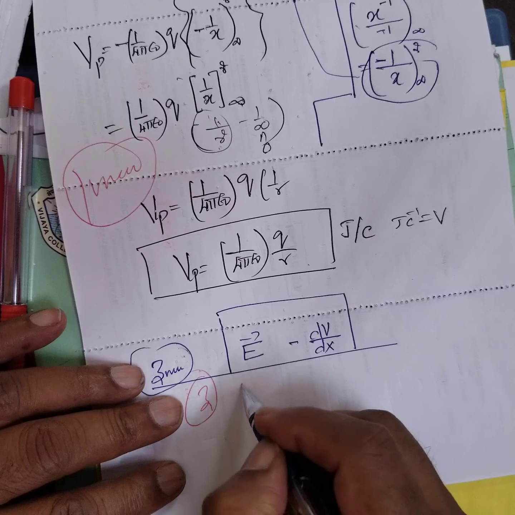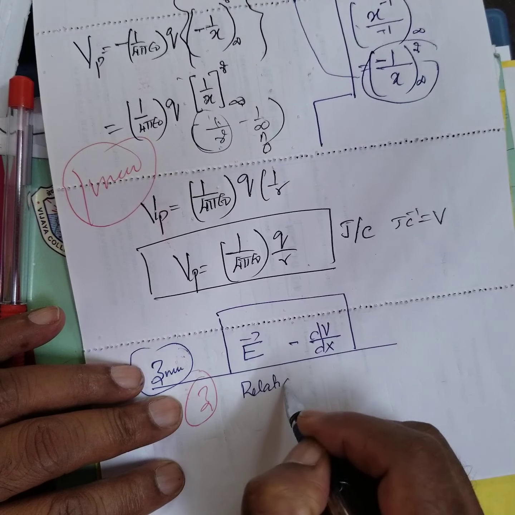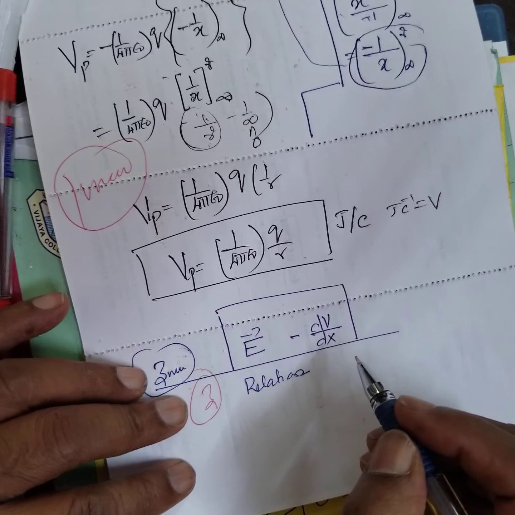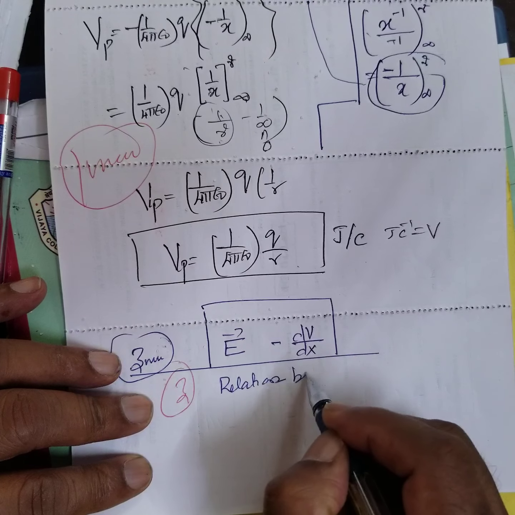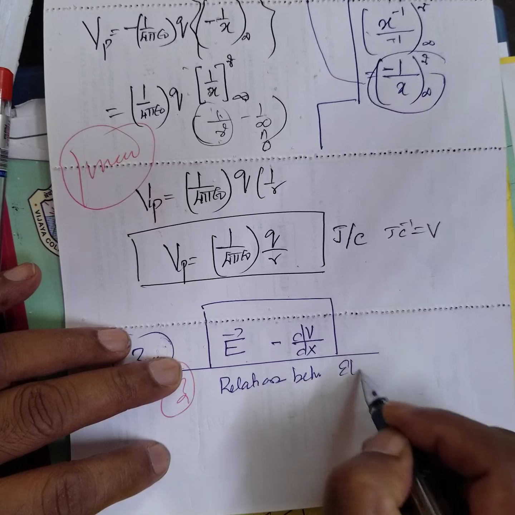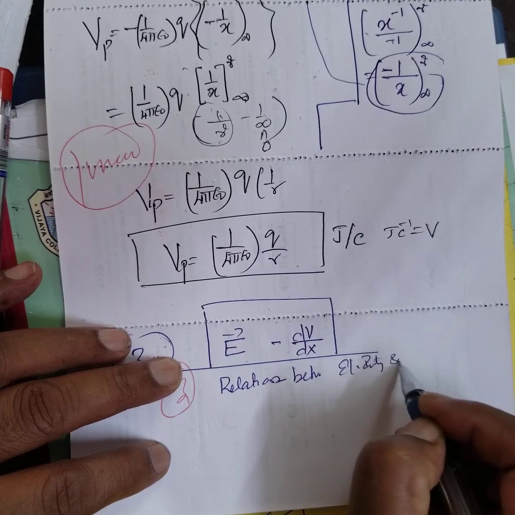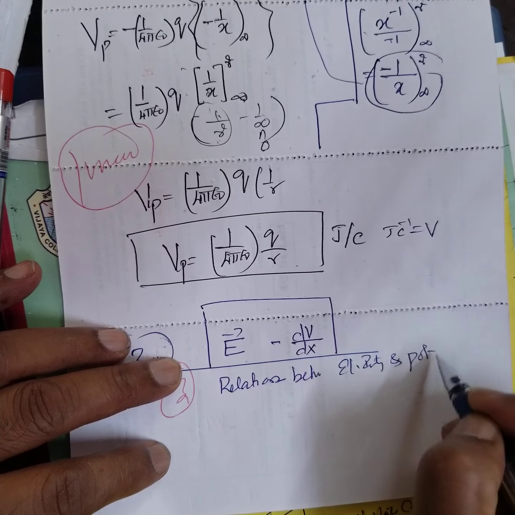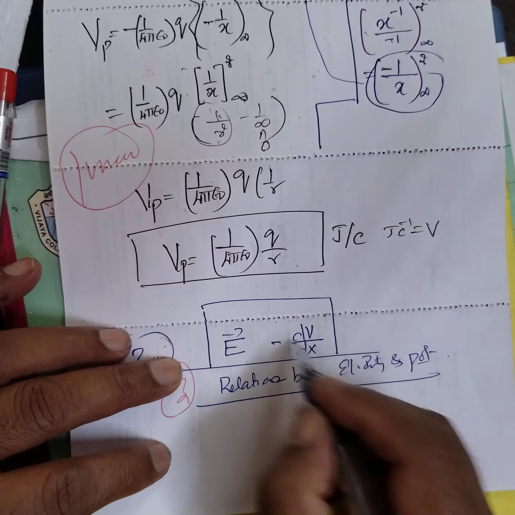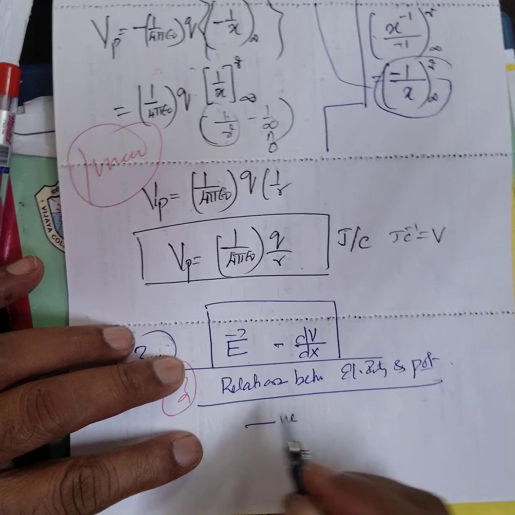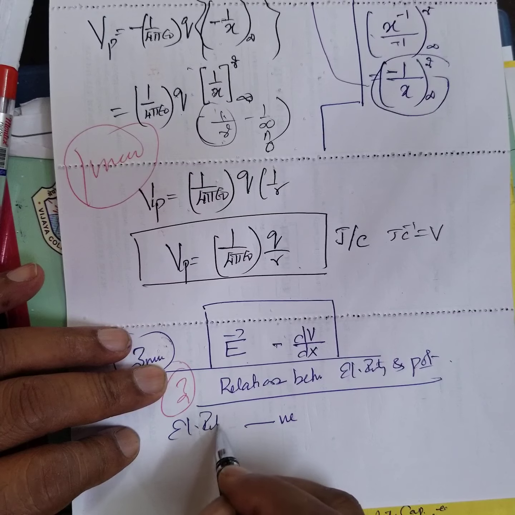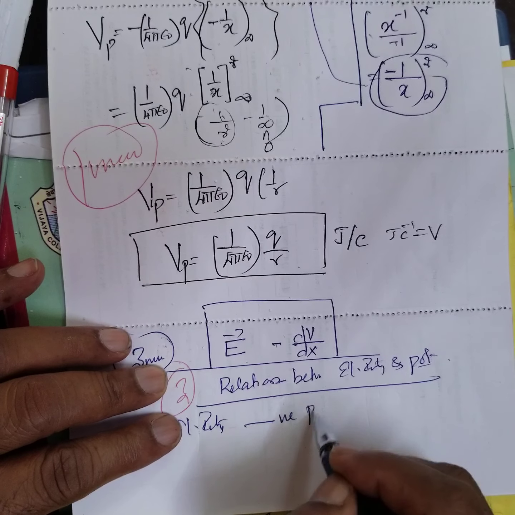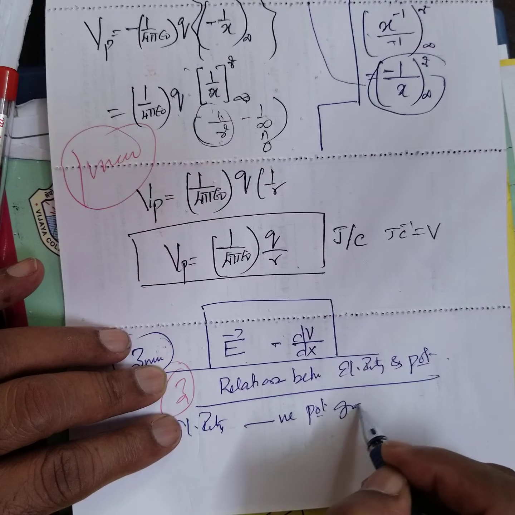What is the relation between electric intensity and the potential? Electric intensity is the negative potential gradient.